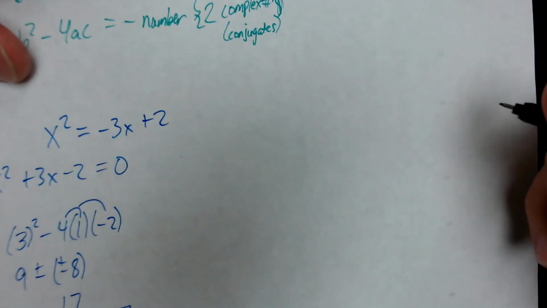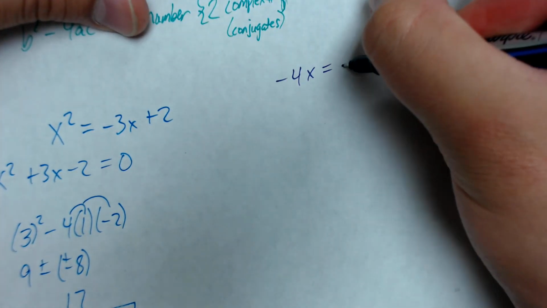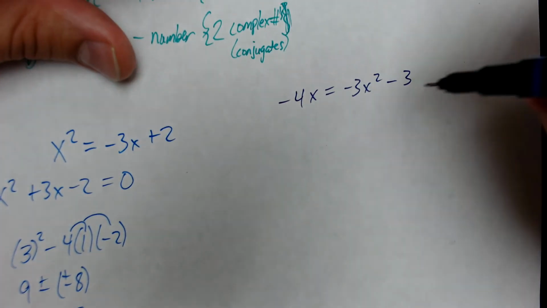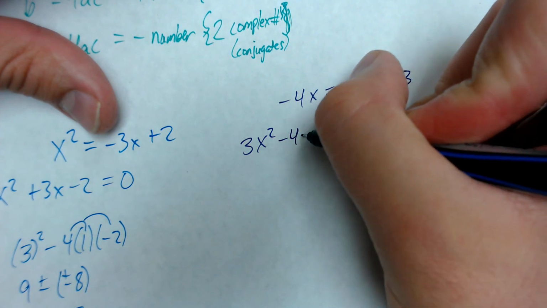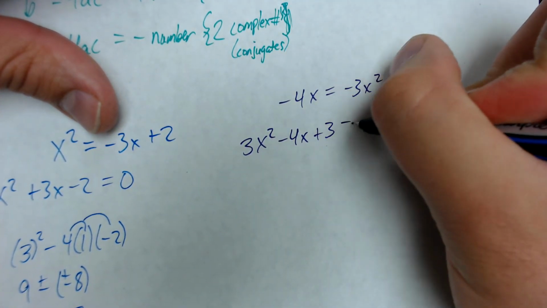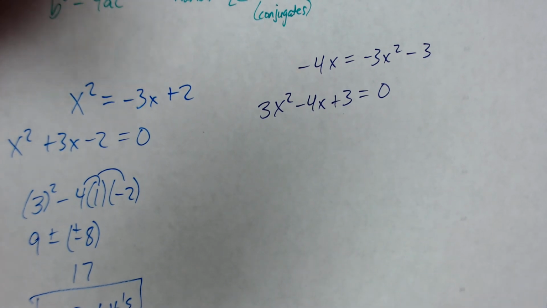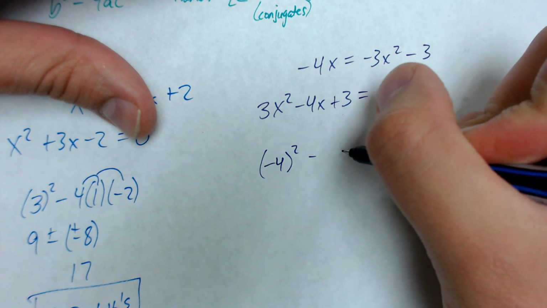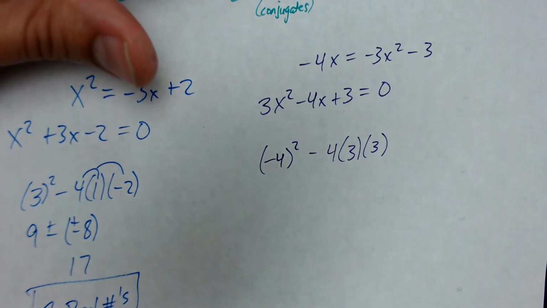So let's say our other quadratic is negative 4x equals negative 3x squared minus 3. I'm going to set this equal to 0, so then I'll get 3x squared minus 4x plus 3 equals 0. And then I'll plug in b squared minus 4ac. So I've got negative 4 squared minus 4 times 3 times 3.